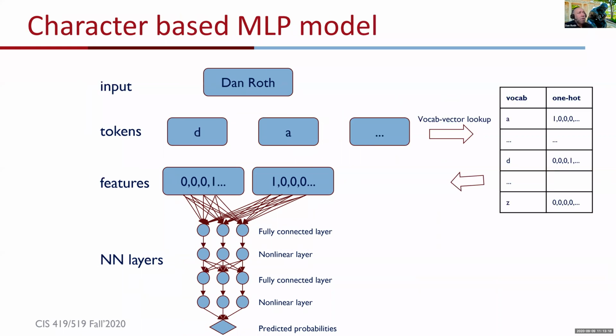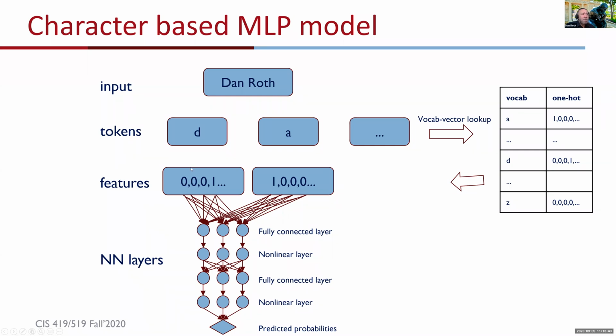So let's move to a character-based model. I'm using the same neural network as before, feed-forward neural network. This time, the representation is of characters. So my input is going to be characters. All I have is these characters that you see here on the right, A, B, C, D, E, up to Z. And I have two words.